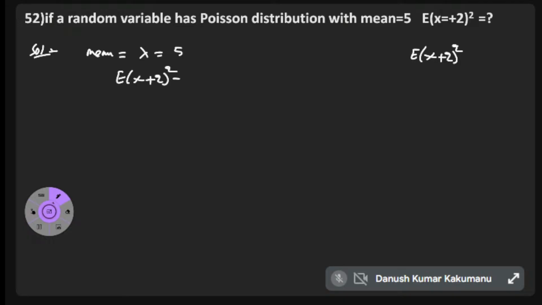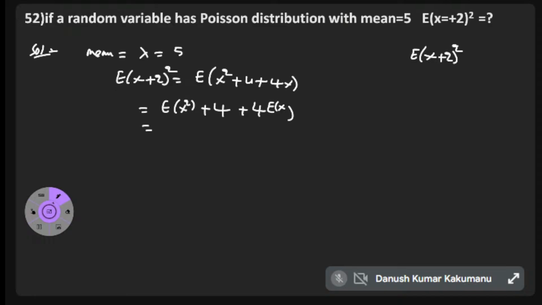Then what is E of (x plus 2) whole square? It is E of x square plus 4x plus 4, which equals E of x square plus 4 times E of x plus 4. What is E of x square? The mean square value.